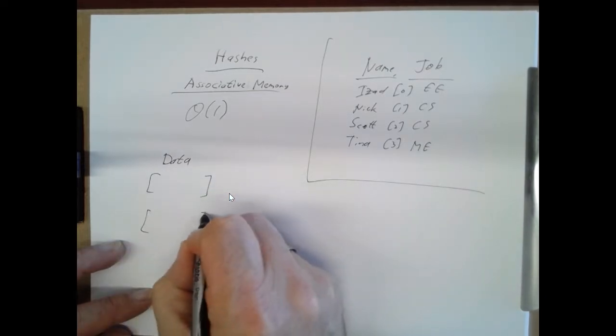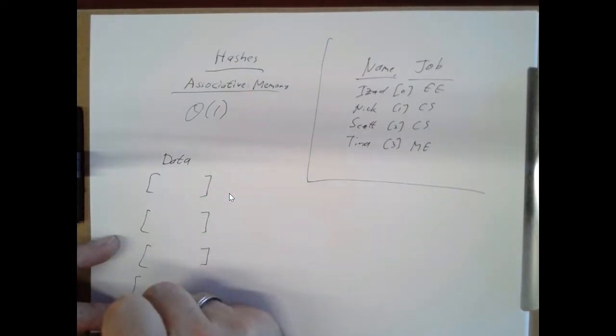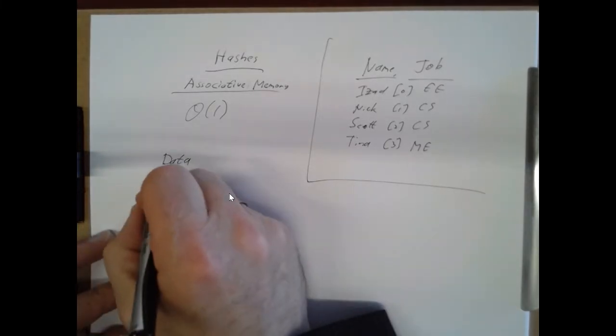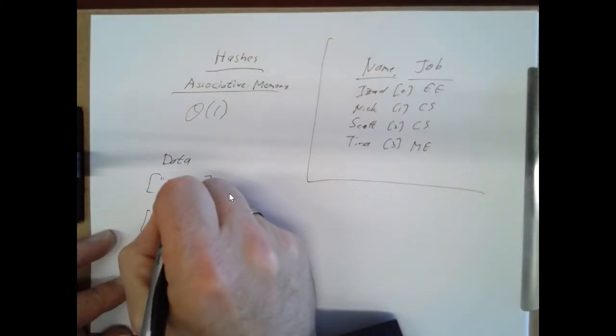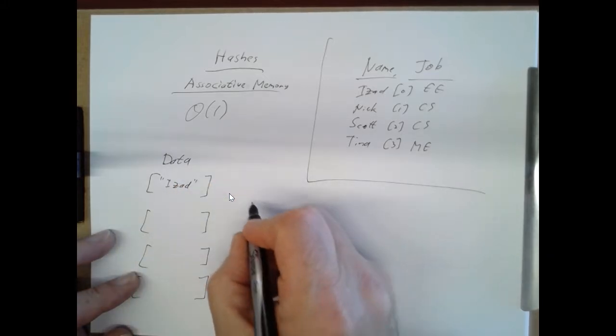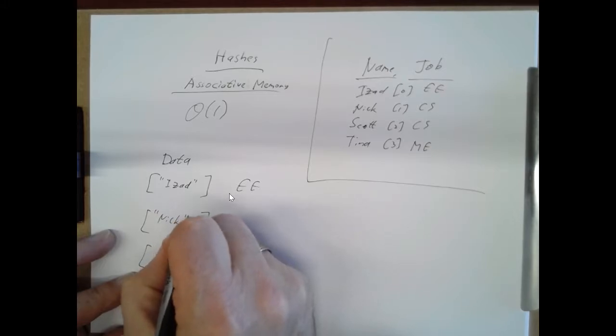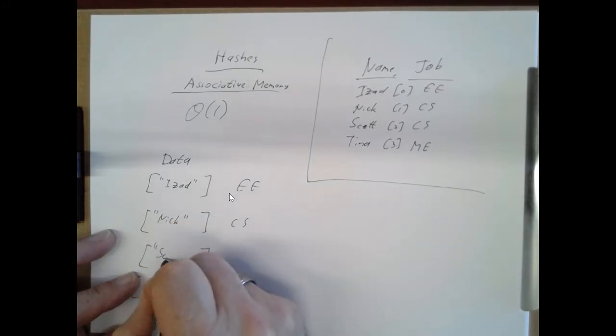And instead of being indexed by integers, we can index this array by strings. And so data["Izad"] contains the element EE. data["Nick"] contains the string CS, and so on.